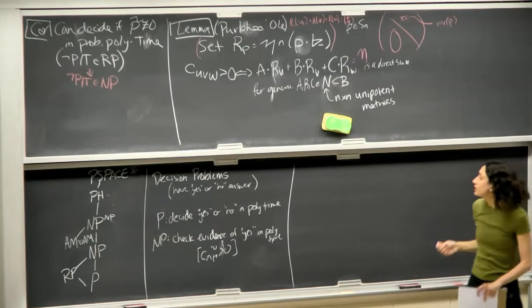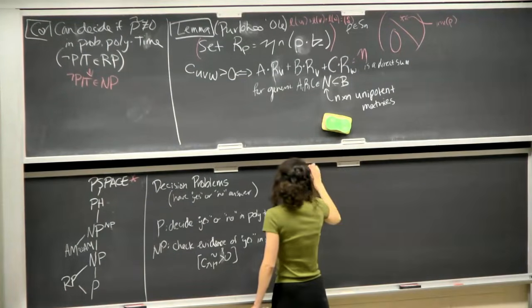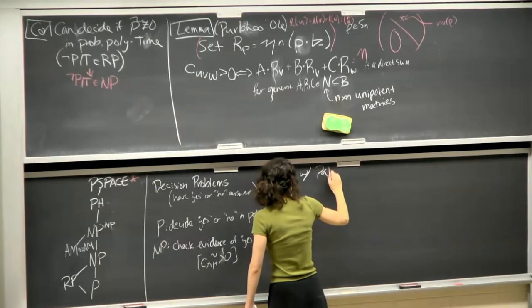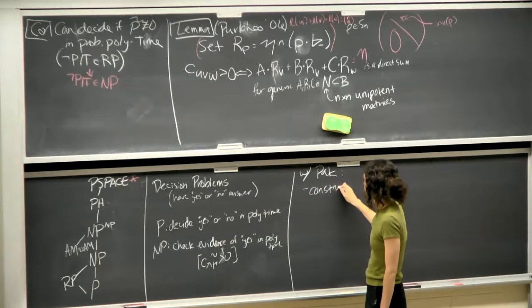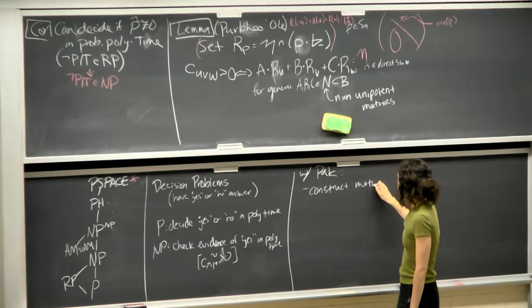Okay, so what we do with Igor is we construct an explicit matrix.